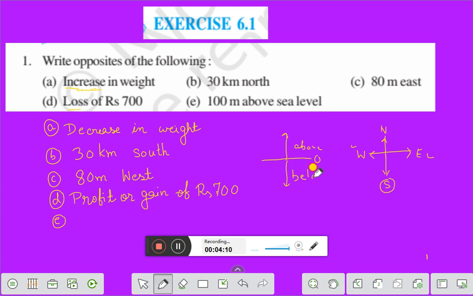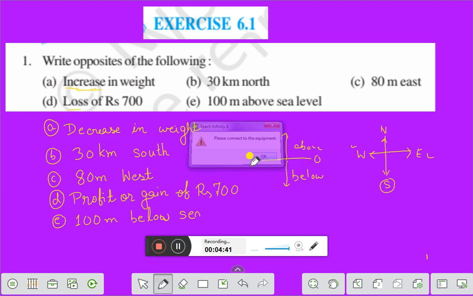It is below. Right? Therefore, the opposite of 100 meter above sea level is 100 meter below sea level.